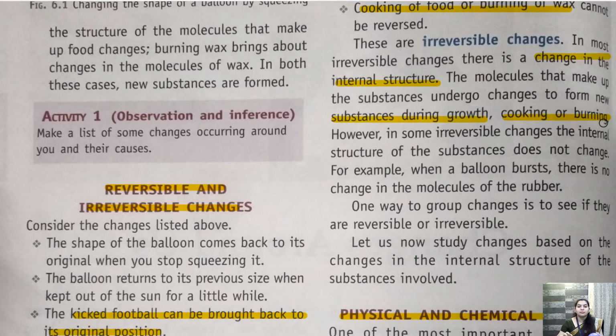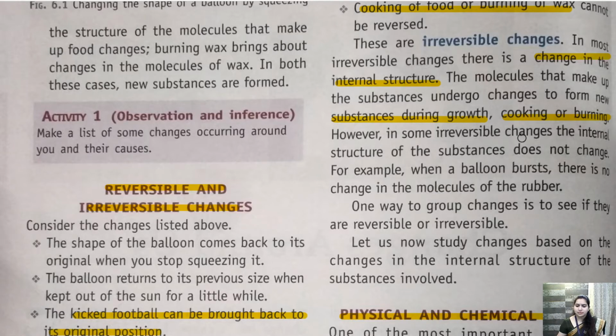Like when we burn a paper, it is converted into ash, a black form. So there is a change in the internal component of the paper. In irreversible change, the change occurs internally. The internal structure changes, and that is why we cannot regain its shape. We cannot reverse it.